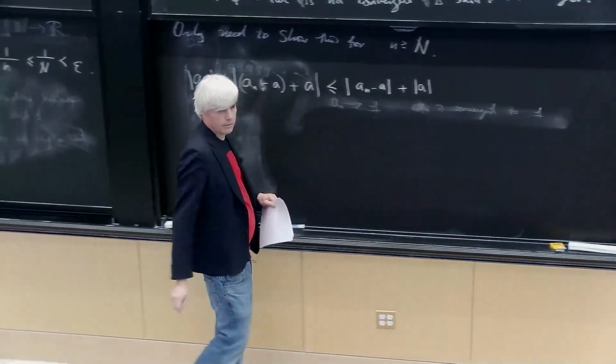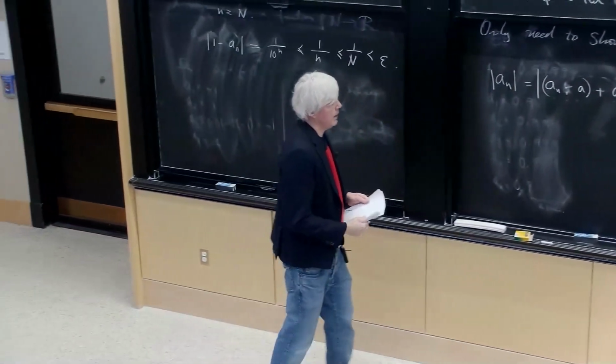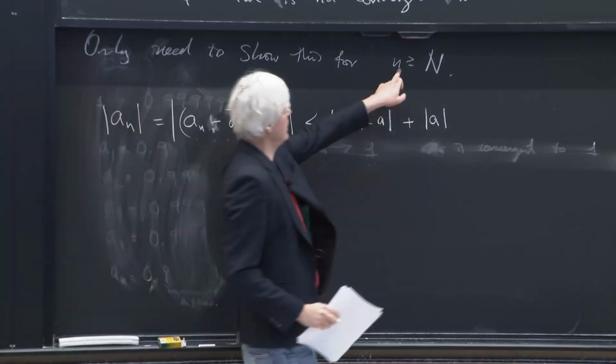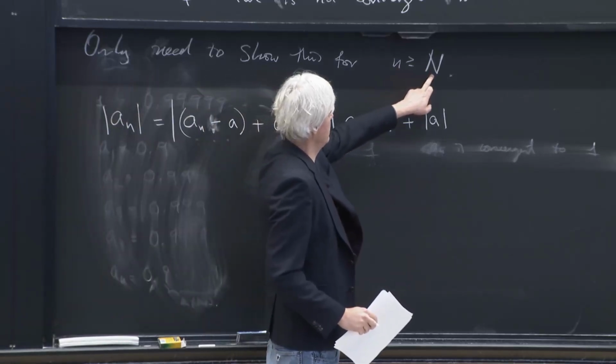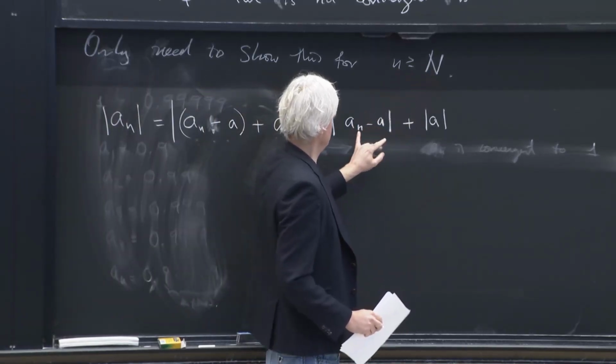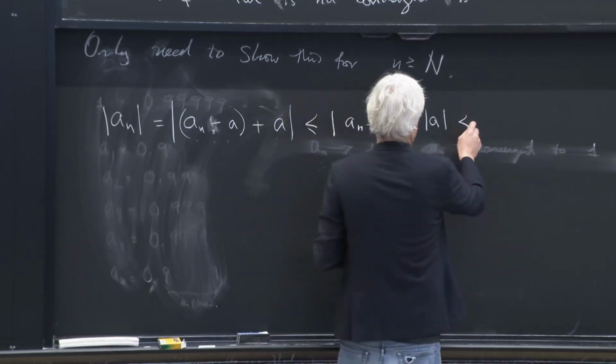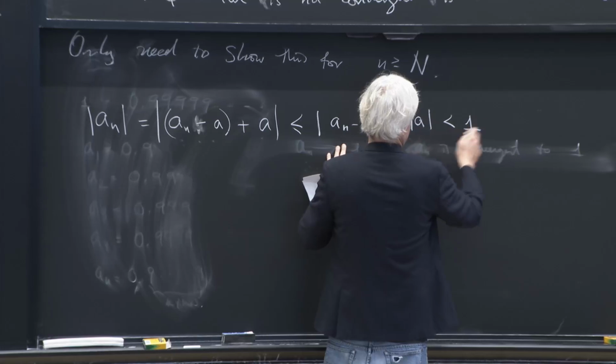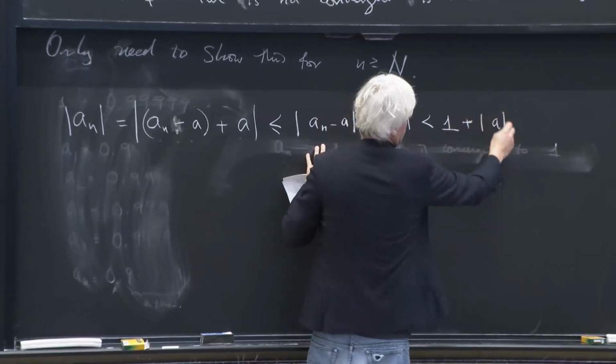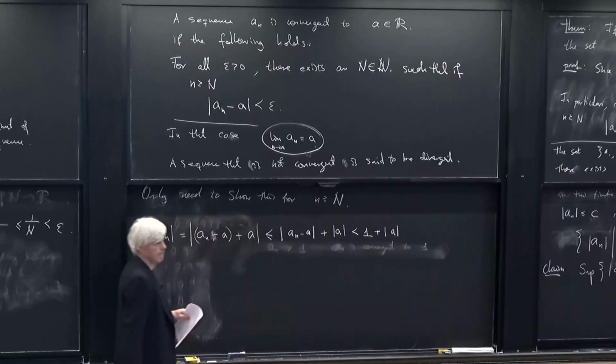So I have this, right? But now you see that since little n is bigger than this capital N, which was chosen so that this here was bounded by 1, right? So this thing here is less than 1, and this here is the absolute value of A, right?